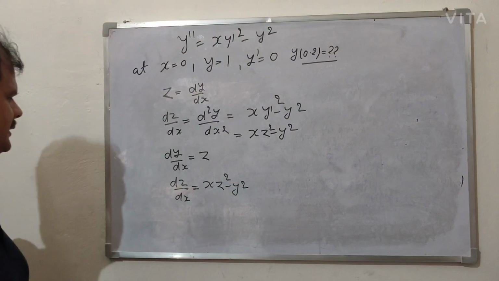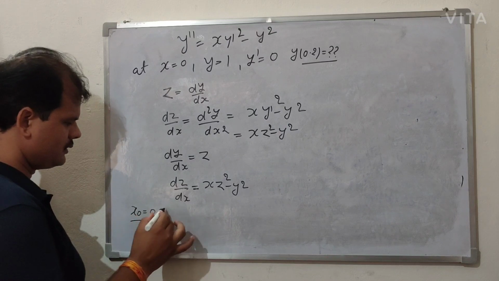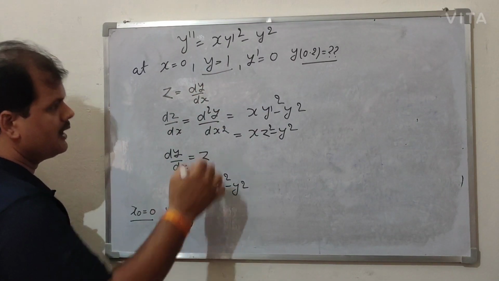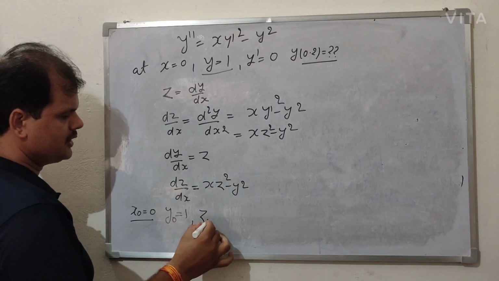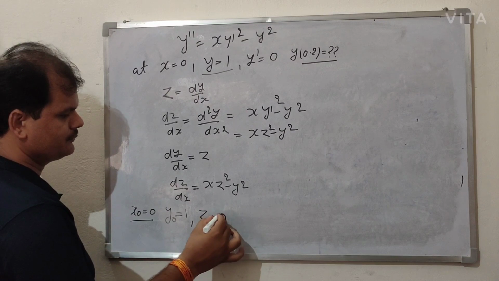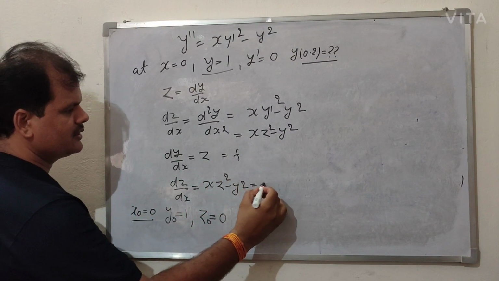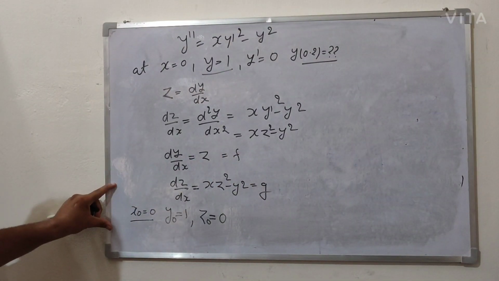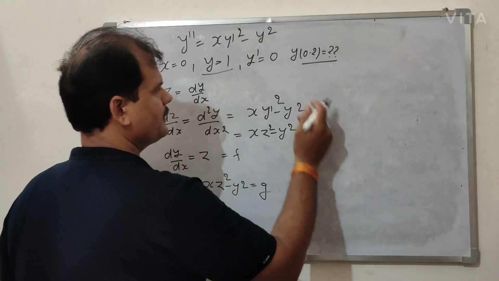The initial conditions are x0 equal to 0, y0 equal to 1, and y dash is z actually, so z0 equal to 0. This is your f, this is your g. So this is the formulation for the Runge-Kutta method. Now we'll calculate K1 and L1.